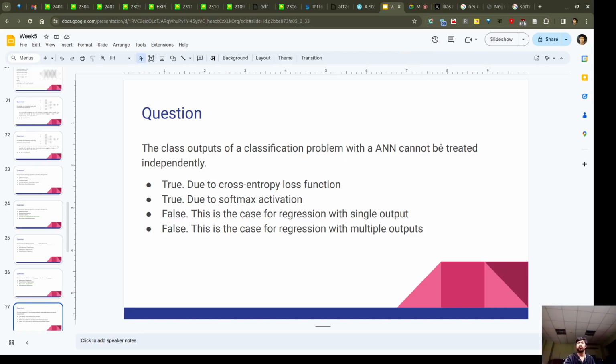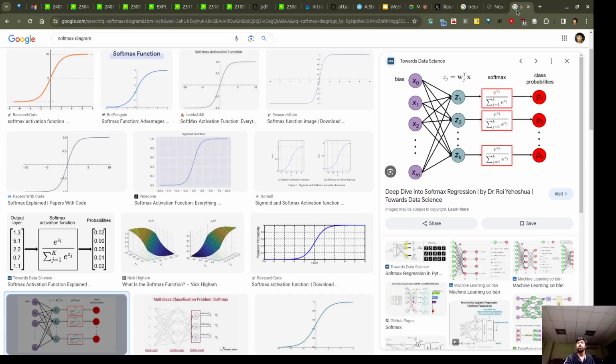Yes, sir. In this case you are calculating the softmax, and in the softmax equation P1 is dependent upon Z1, which is okay, but it is also dependent upon Z2, Z3, Zk, right?